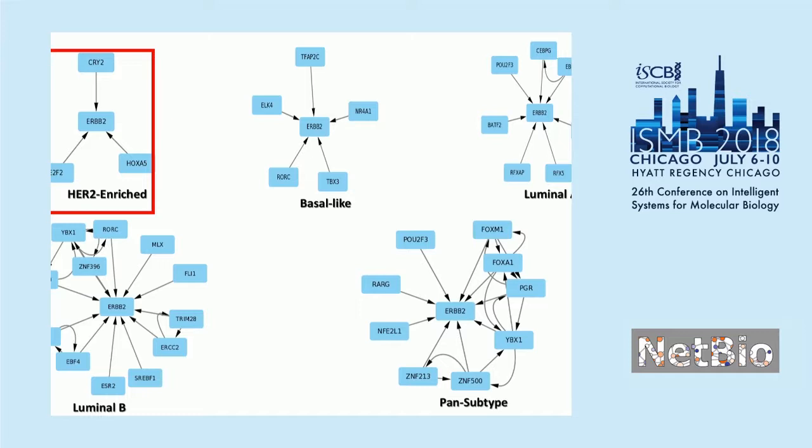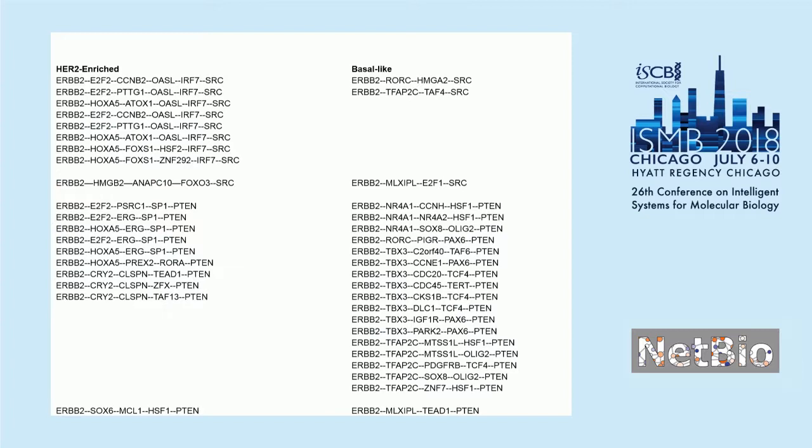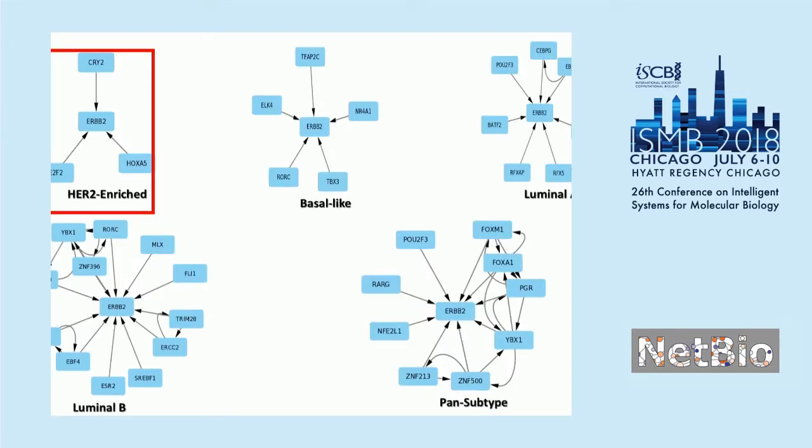Its loss is one of the hallmarks of aggressive cancer, and we find that it regulates the B2 along with the circadian cryptochrome 2, which also, when it has decreased expression, is associated with high-grade aggressive cancer. We find that those two directly constrain the expression of B2.